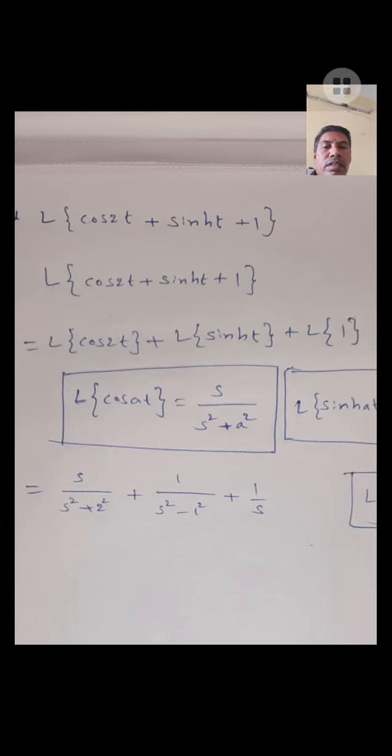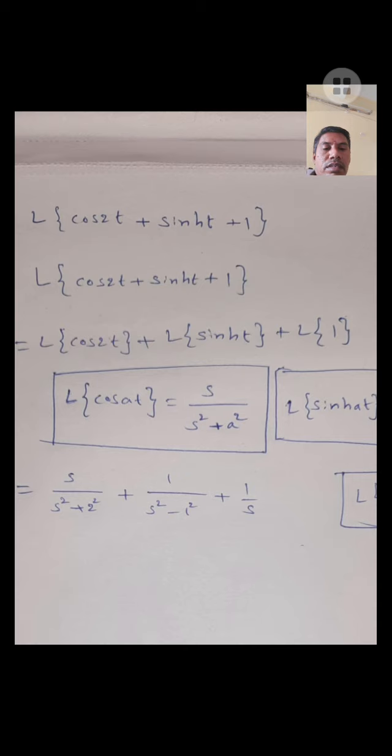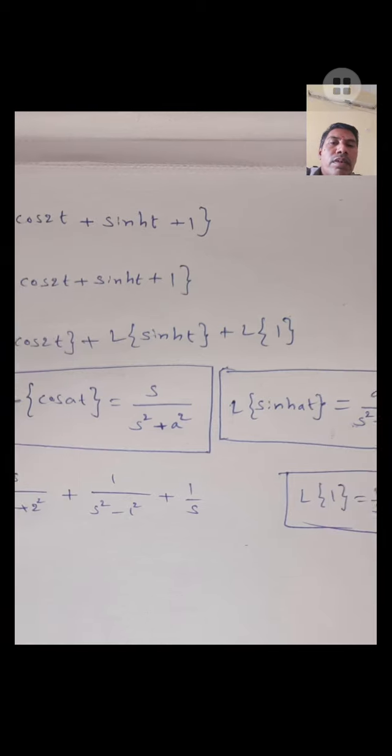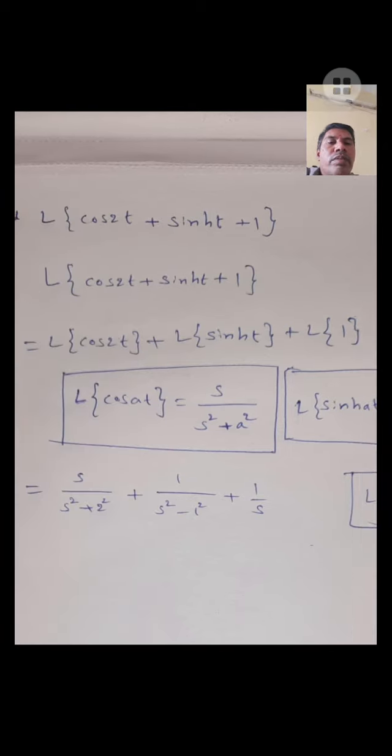So substitute in the formulas. In place of a, first write 2, and for the second term write 1, third term it is 1 by s. So by using simple formulas, we can do the problems.